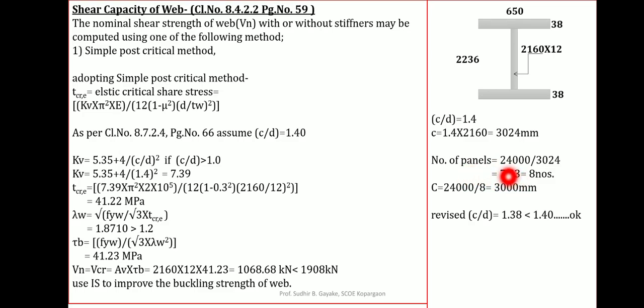That will be total span divided by your spacing 3024, which is 7.93, and round it to 8. Calculate the revised spacing: 24,000 divided by 8, that is 3000 mm. Now the exact value of C by D is 3000 divided by depth 2160, which is 1.38, which is less than 1.40, so it is satisfying the requirement of conditions. Therefore adopt spacing 3000 and depth 2160.